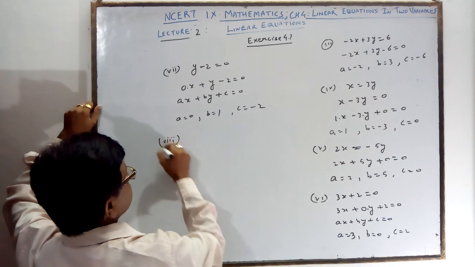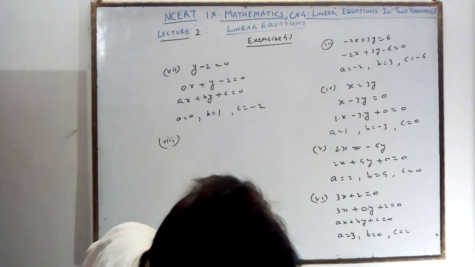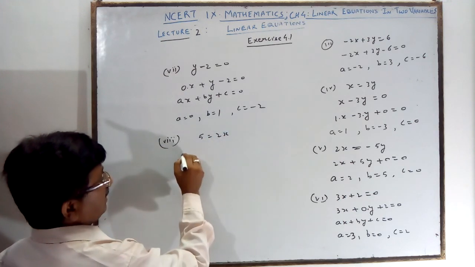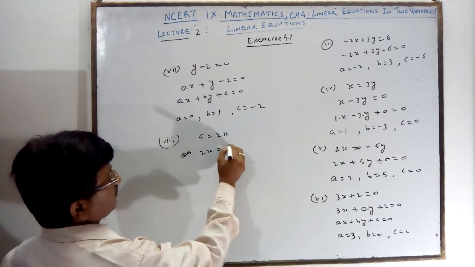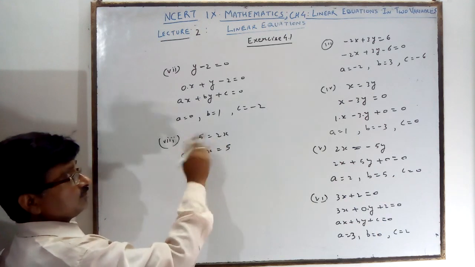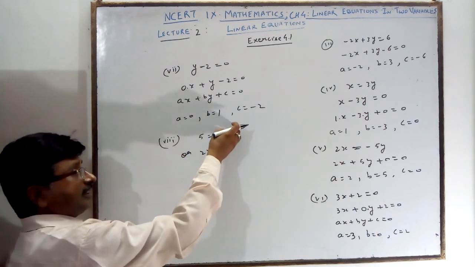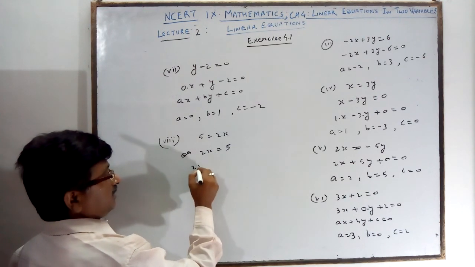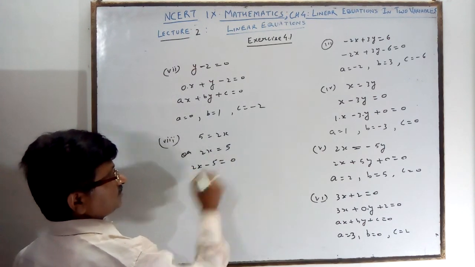Eighth part: 5 is equal to 2x, or you can write 2x is equal to 5. If you swap the whole right side to the left and the left side to the right, there is no change. Now 2x minus 5 is equal to 0.